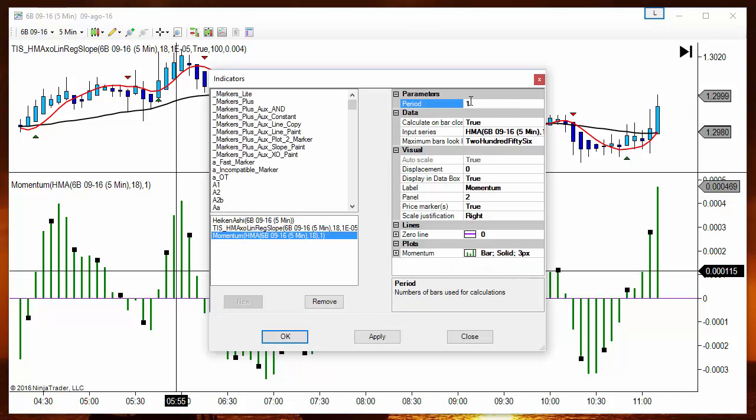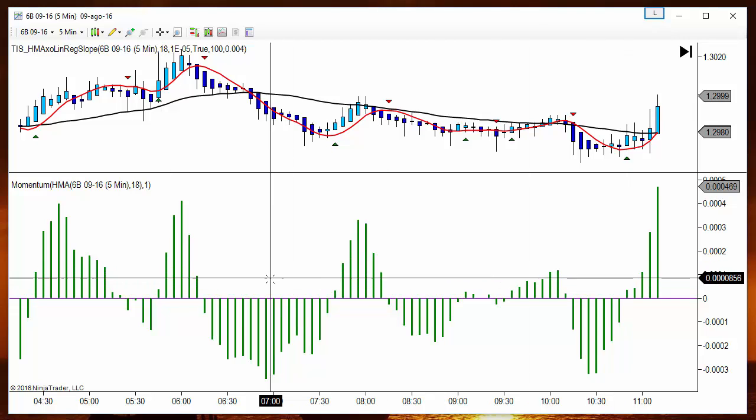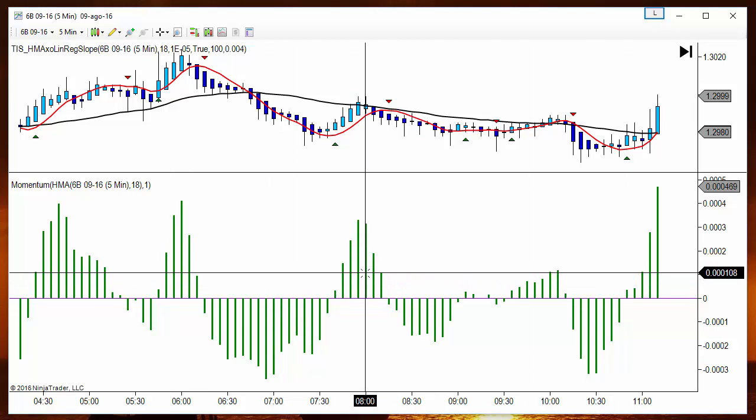With the momentum indicator with a period of 1, we can get the exact value of the slope. We only need to place on the input series the line whose slope we want to measure.